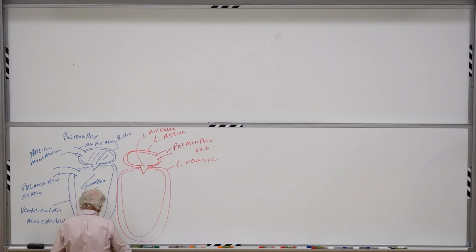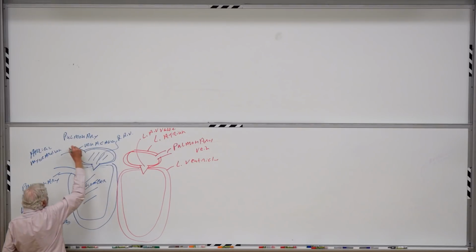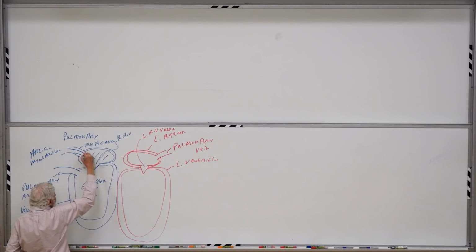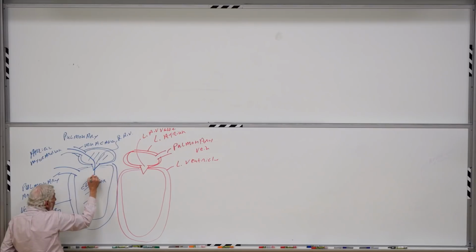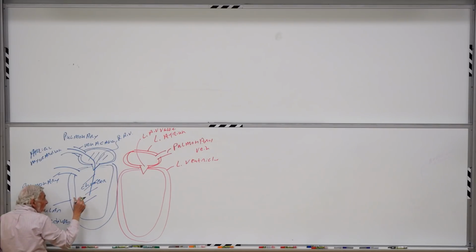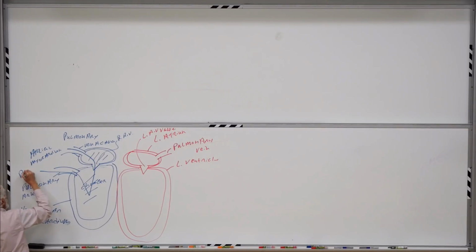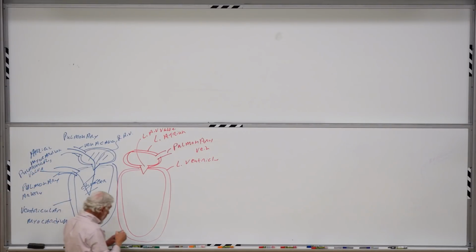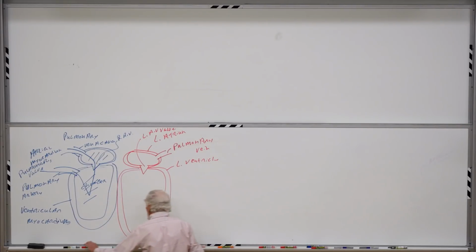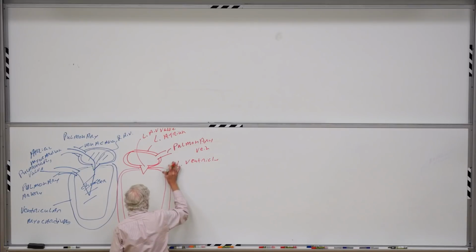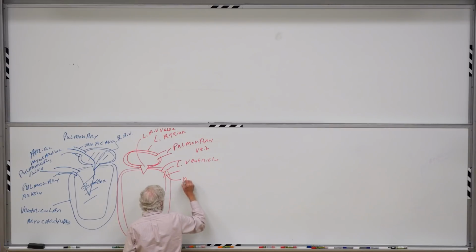In each case, the flow of fluid is in through the vena cava, across the AV valve, and then subsequently, when the pressure is generated, out across this structure here, known as the pulmonary valve, on the right side, and on the left side, out across this structure, known as the aortic valve.